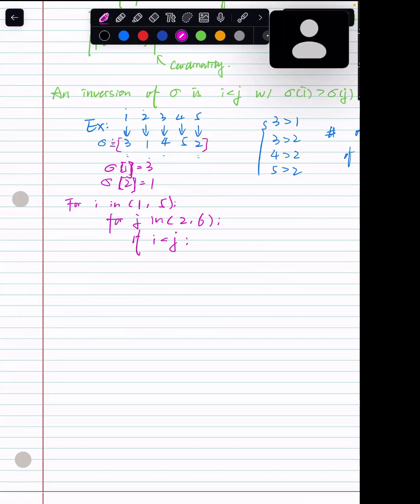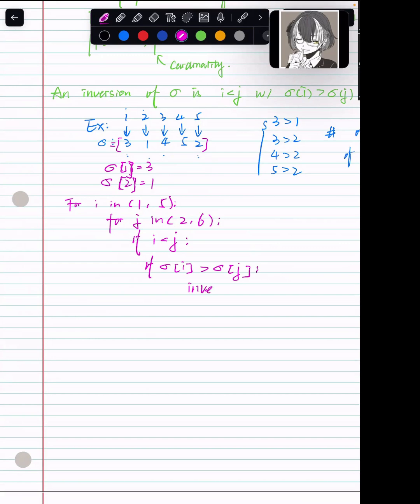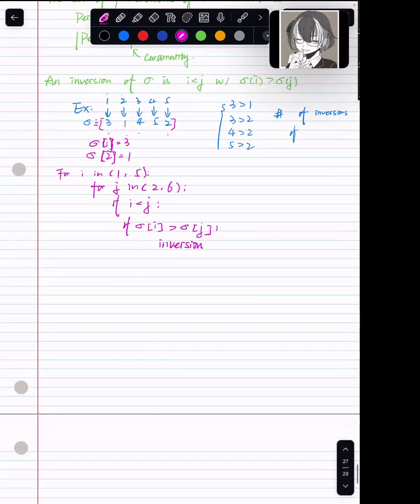If i is smaller than j and sigma i is greater than sigma j, then we have seen an inversion. So inversion plus equals 1.